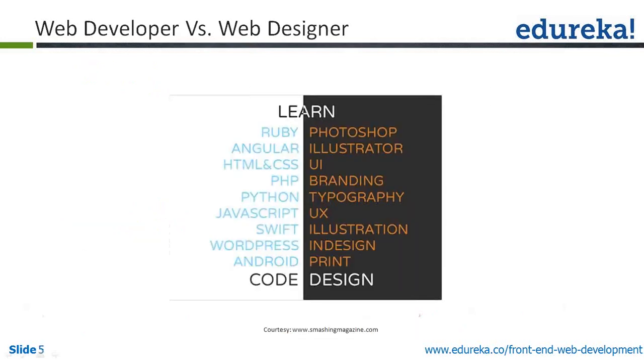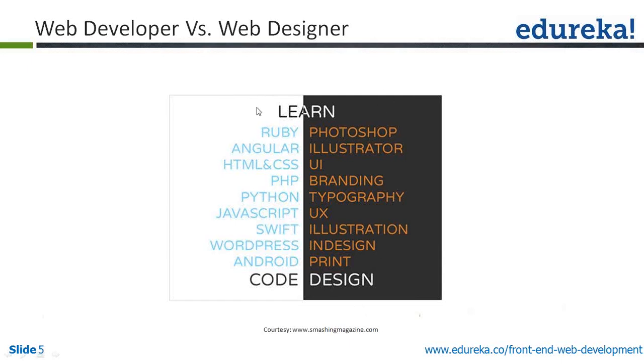Let's look at what are the skills required for a web developer and web designer. You can see on the left hand side, the white portion of this rectangle is the web developer skills, and the right hand side, the black one, that is web designer.